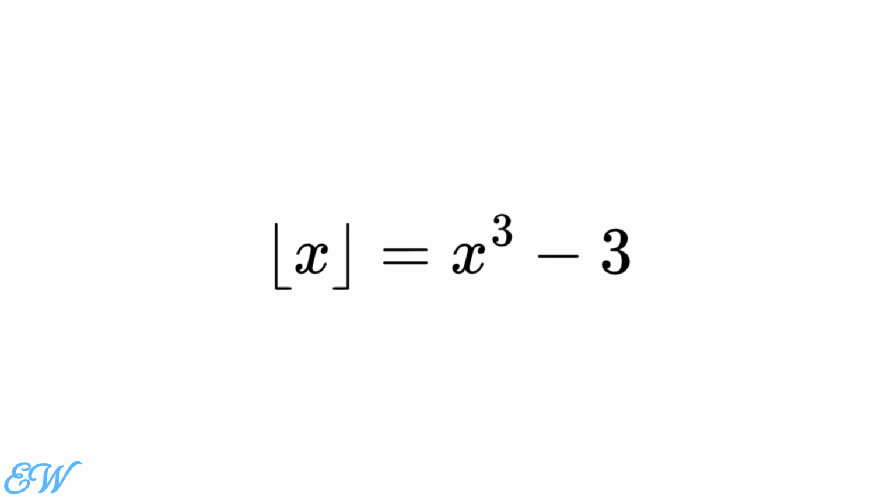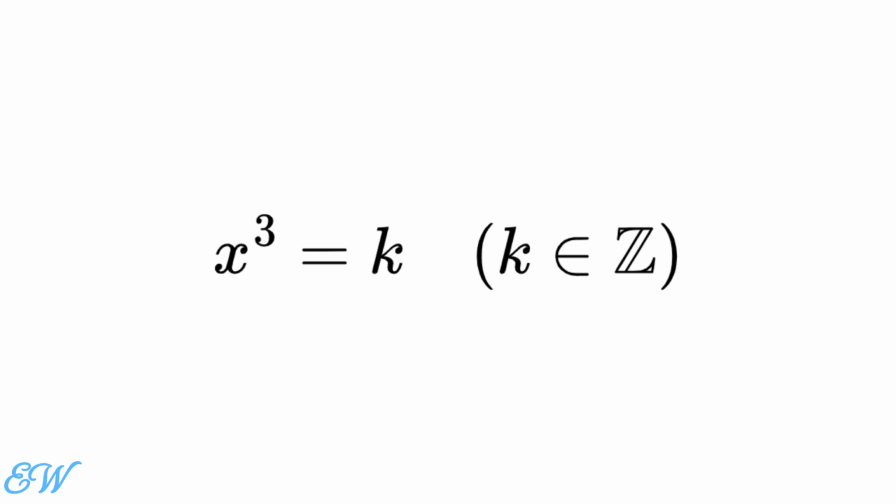Now that we have that inequality, we can say that the floor of x is equal to x cubed minus 3 by rearranging our original equation. So we can say that x cubed is equal to k, where k is an element of the integers. The trident-looking symbol means element of, and the Z-looking symbol means the set of integers: negative 1, negative 2, 0, 1, 2, 3, and so on.